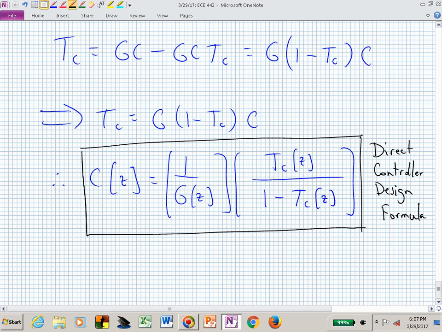We need 1 minus T sub C, the zeros of that, to cancel the poles of G of Z, and then we are not going to be canceling unstable poles and zeros with our resulting controller C of Z. Questions on that?